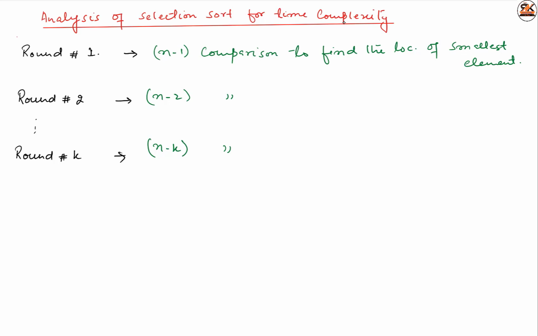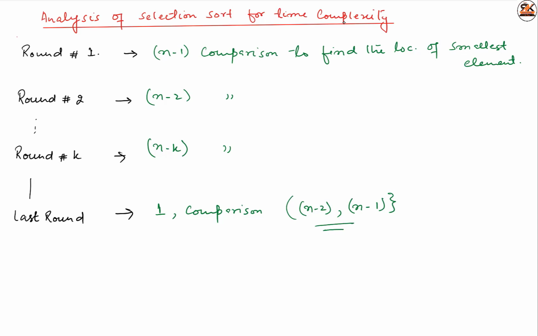So in the similar fashion we can say that for the last round there will be only one comparison. For our case that was between n minus 2 and n minus 1th element in our case.